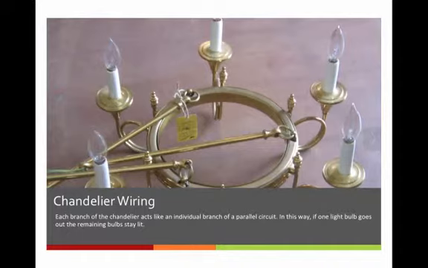And as I was just saying, that's not an ideal chandelier. So one of the things that people who make chandeliers have to be mindful of is that each branch has to act independently, which is very much modeled after a parallel circuit. So if one bulb goes out, the remaining bulbs stay lit.